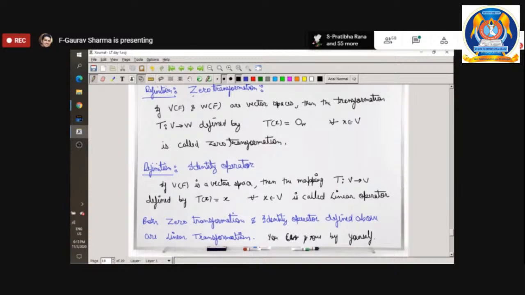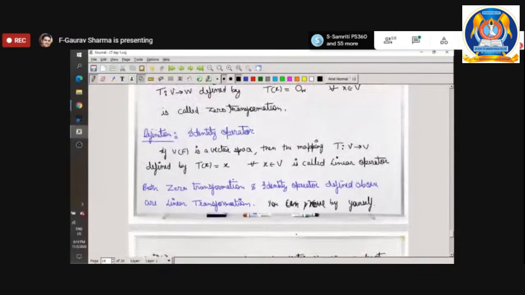Sir, I think some of the students may not be aware of what projection is. Shivani, can you define projection first? Projection of some point onto different axes: we draw the perpendicular on that plane or axis to get the projection.